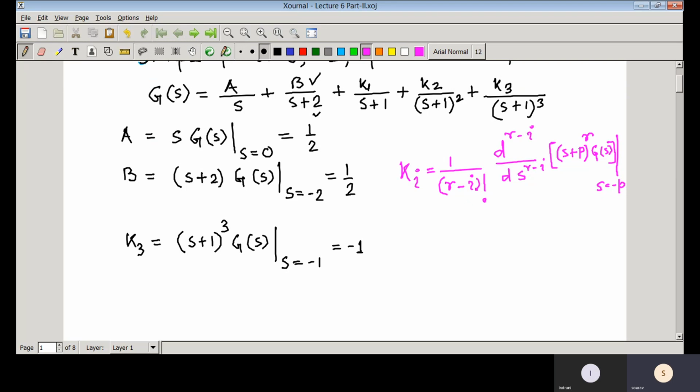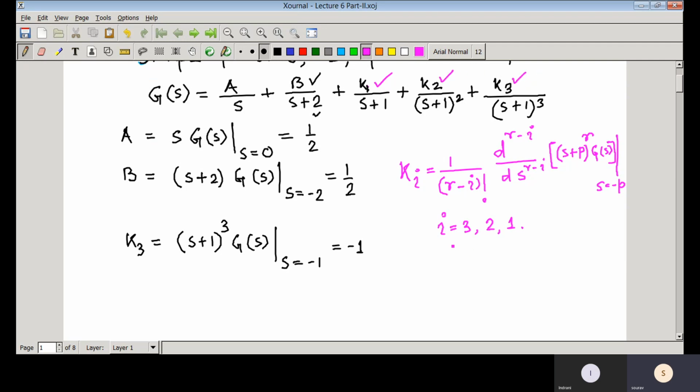Here i is equal to 3, 2 and 1, because in this case there are three coefficients, K1, K2 and K3.